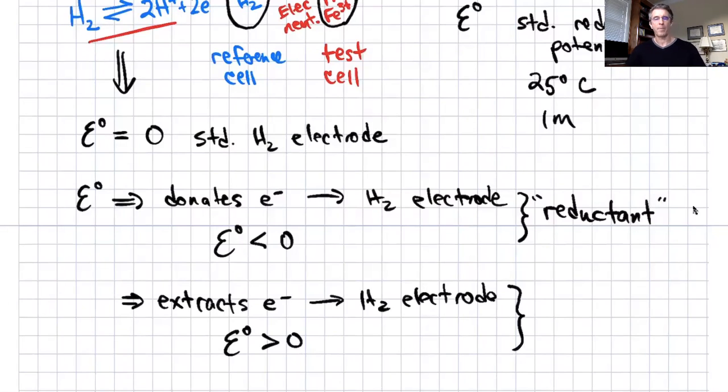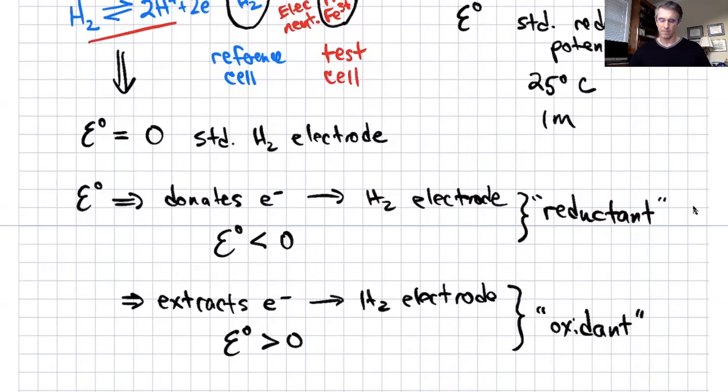And the larger, more positive that value is, the stronger an oxidant that particular couple happens to be, right?